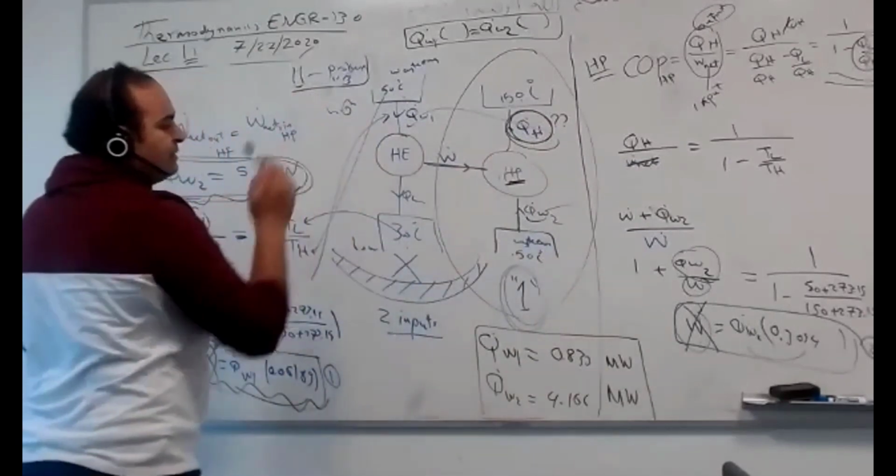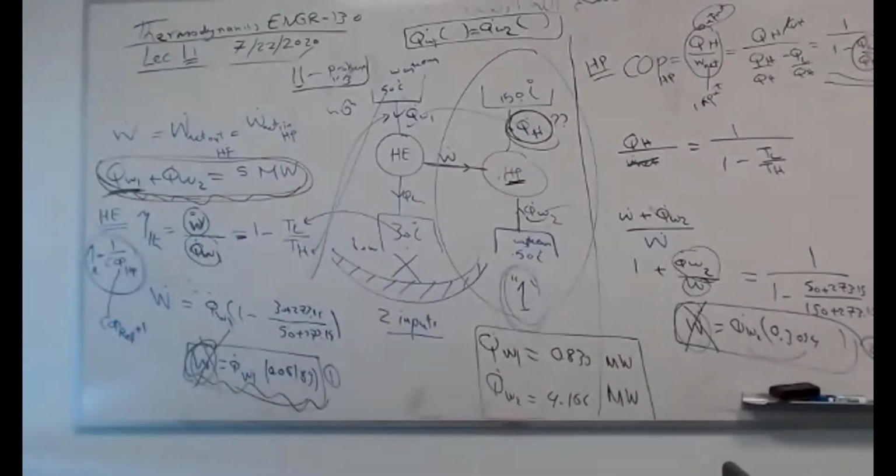How can I get W dot, for example, now? W dot I get it from where? What equation on the board? I can get W dot from where, guys?